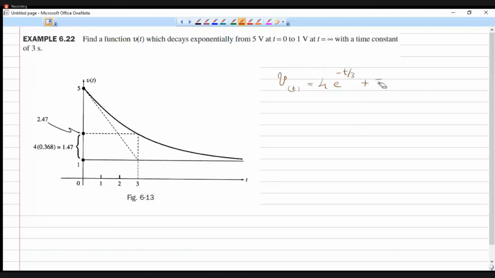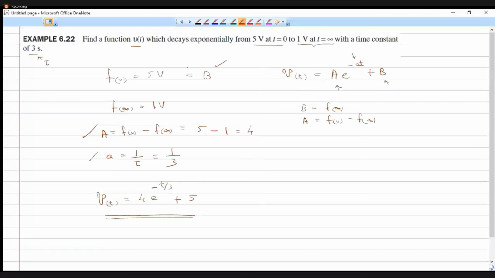So this should be 1, right? I made a mistake here. Nobody corrected me.